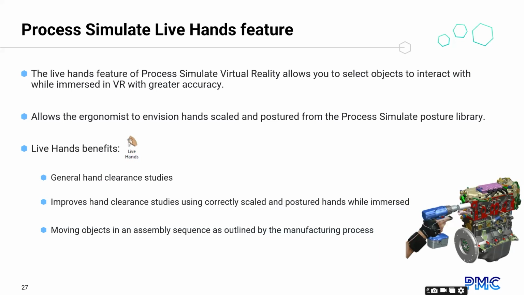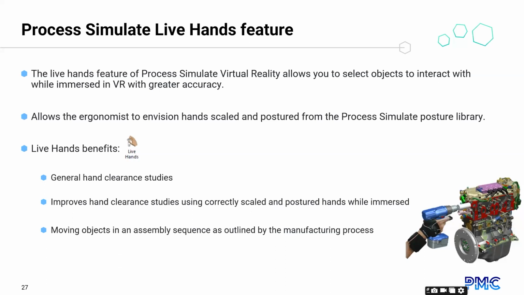Well, I showed you the basic features of virtual reality in Process Simulate. And here we have a feature that Siemens added in one of its software updates, which is the live hands feature. It basically allows you to select and interact with certain objects while immersed in the virtual reality environment. Right now you have an interaction with the objects.